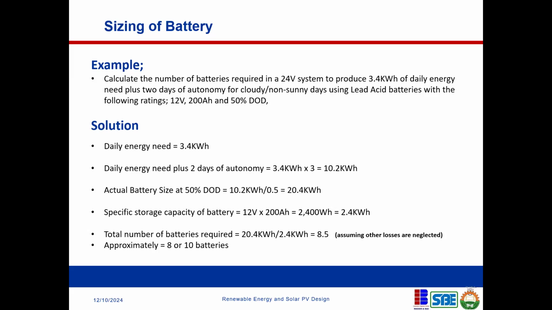If you're able to establish your first demand, which is 3.4, it is now left for you to say you want to add 1 day, 2 days or 3 days of autonomy. When you do that, you multiply by that number you've added. That's what you are doing. It's an assumption.